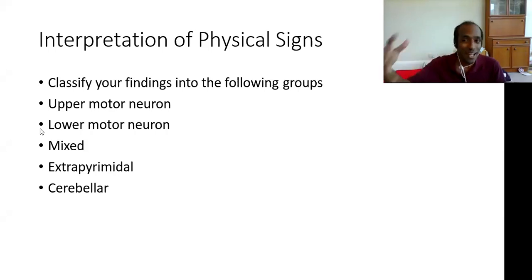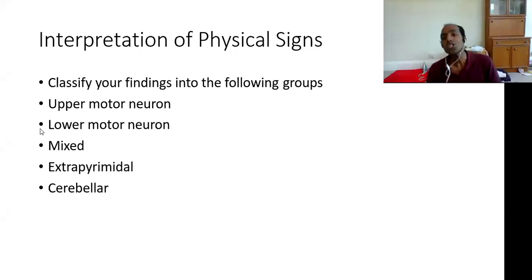So you know that tremor, that rigidity, that mnemonic that you have been taught, TRAP, T-R-A-P. When you examine the patient's upper limbs, you will get that cogwheel rigidity and you will see the tremor. So are these extrapyramidal signs? Are these cerebellar signs that you get? So you have 5 categories.